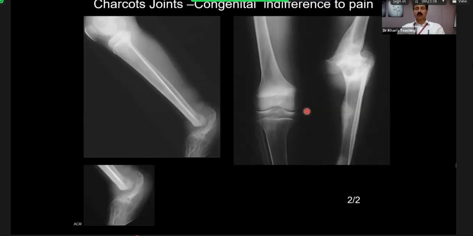They might jump from the first story and show off to their peers. And you can see what has happened, that there is ankylosis, complete deformity on this side. This is the other side because that knee is normal. So this is congenital indifference to pain. Quite a pathognomonic condition, but the only thing is that this disease should be in your vocabulary.